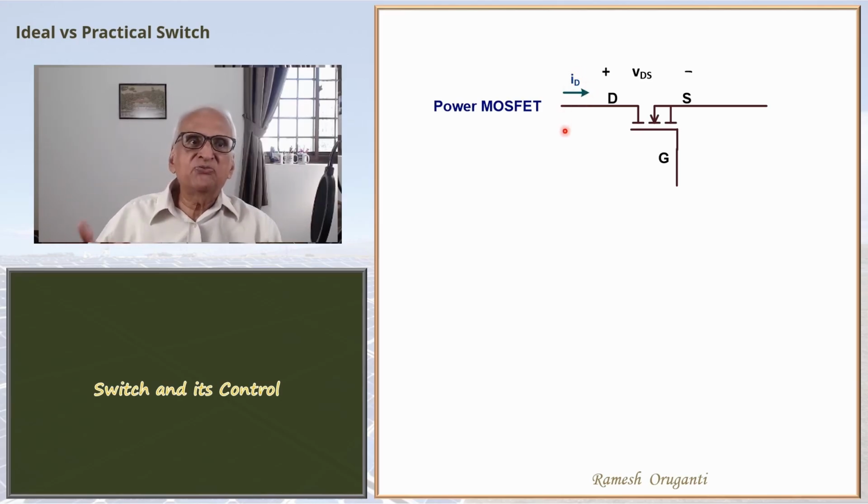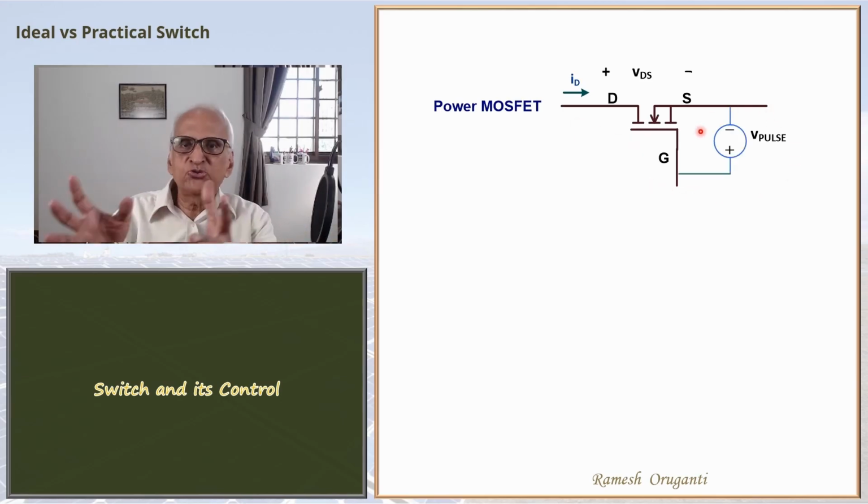When the switch is off, the voltage VDS will depend on the external circuit. When the switch is on, the voltage will be very low, but in a practical switch, it will not be zero. So we control the switch using a gate to source voltage. An auxiliary circuit will be used to generate those gate pulses.